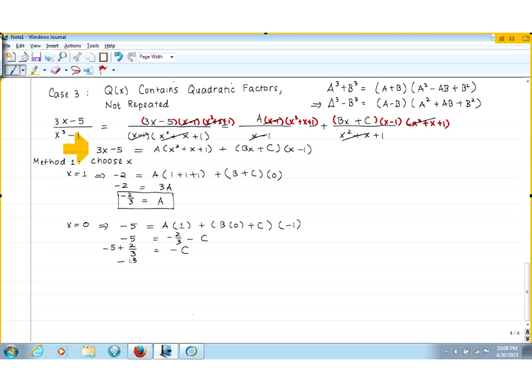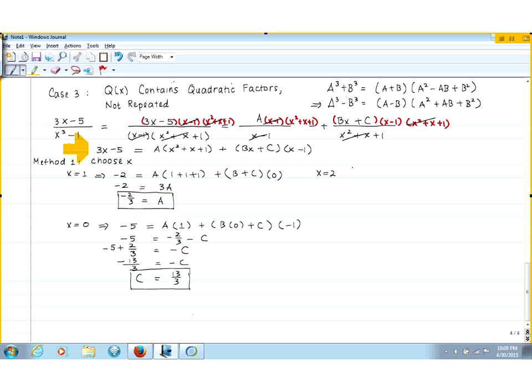Negative 5 is negative 15 over 3, so this is negative 13 over 3 equal to negative c. So c is equal to 13 over 3.